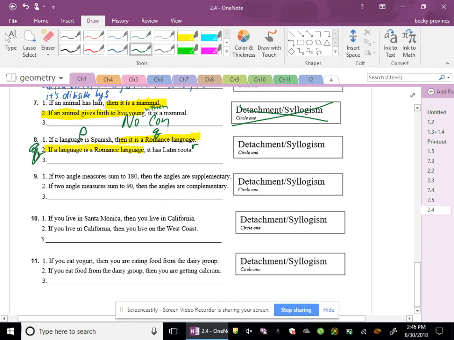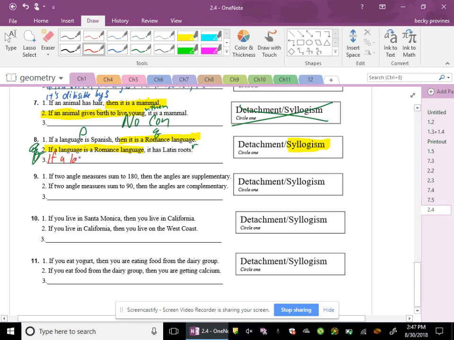That's a weird Q. And they are talking about the same thing, both the fact that it's a Romance language. So you're going to end up writing the P, then R. So what law do you guys think I'm using? I'm using law of syllogism.